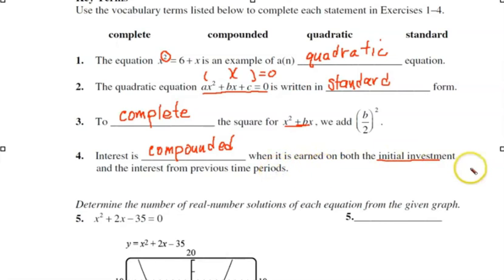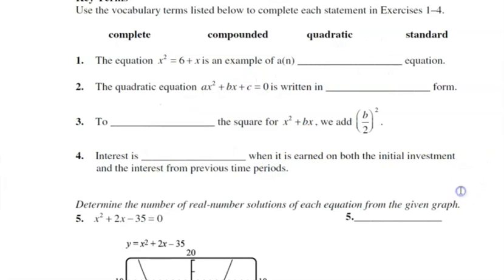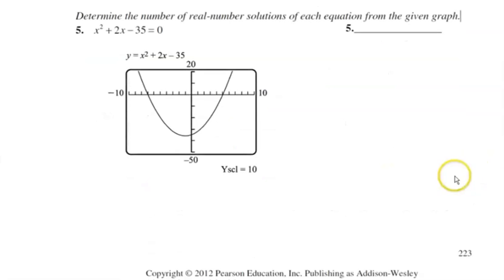Okay, going on to this next part. What they're asking here is determined just by looking at the graph if this equation, which when we put it into our graph forms a parabola, how many real number solutions do you get?